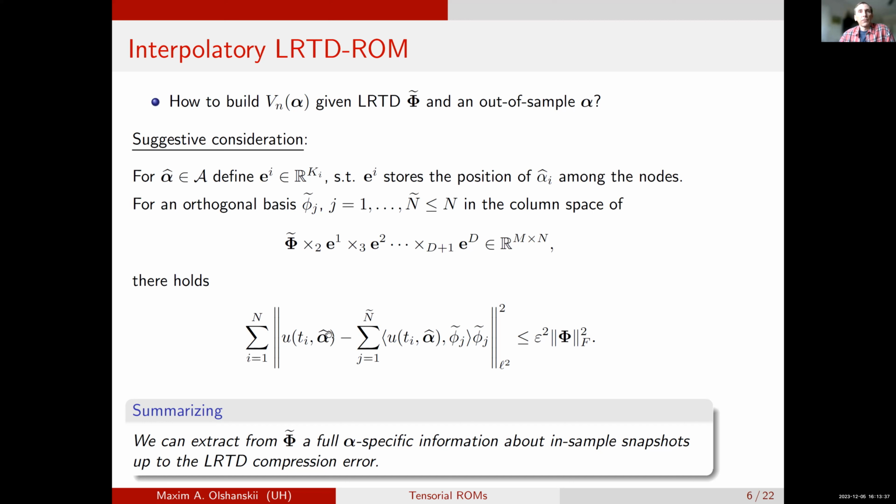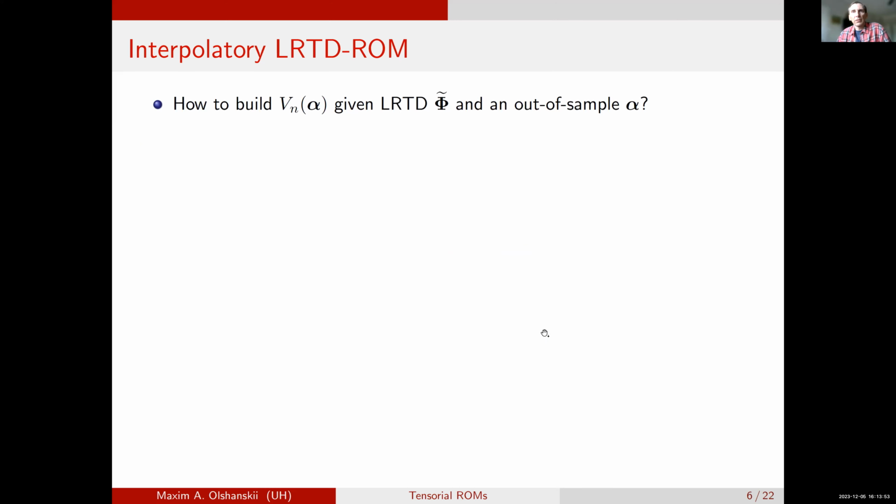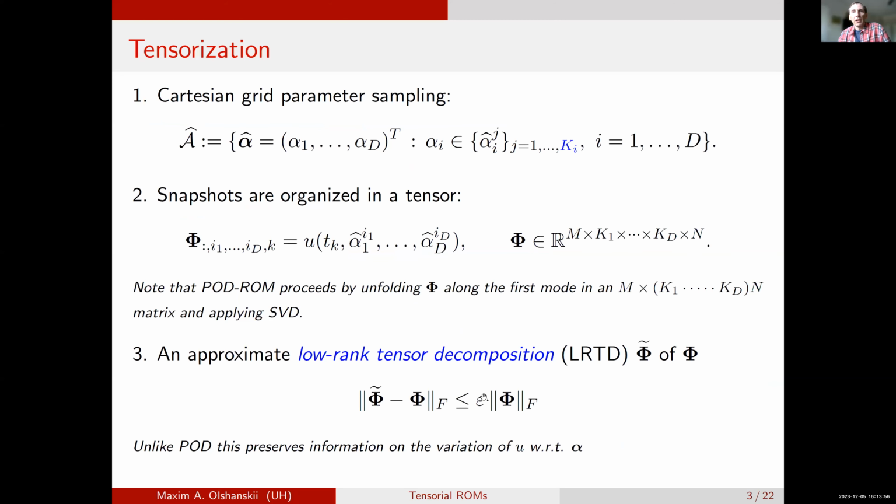state for this particular parameter can be represented in this basis up to the accuracy of our low rank tensor decomposition. So epsilon, remember, let me go back here, epsilon is the accuracy of our low rank approximation. We never do this exactly. So it's like a truncated SVD. We are not interested in full SVD. Here it is the same. We are not interested in full low rank tensor decomposition, but in some truncated one.